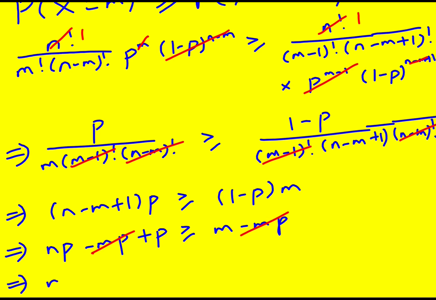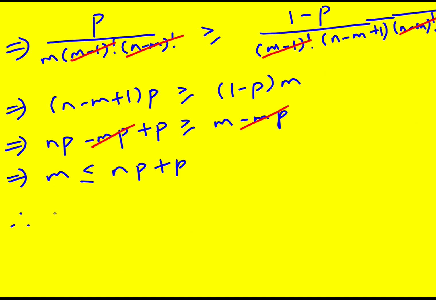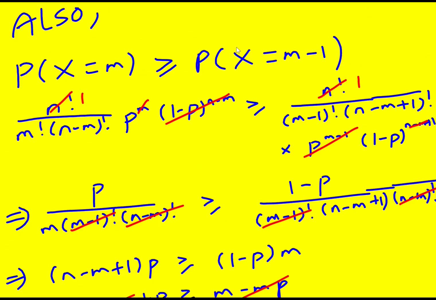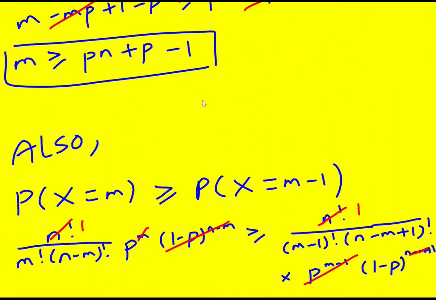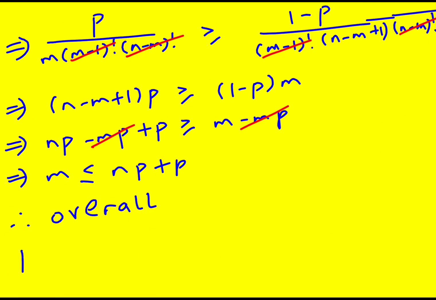And this gives m is less than or equal to np plus p, which gives us our upper bound essentially. Therefore, overall, we had that m was greater than or equal to pn plus p minus 1, but that it's less than or equal to pn, or np, doesn't really matter which way around I write it, plus p.